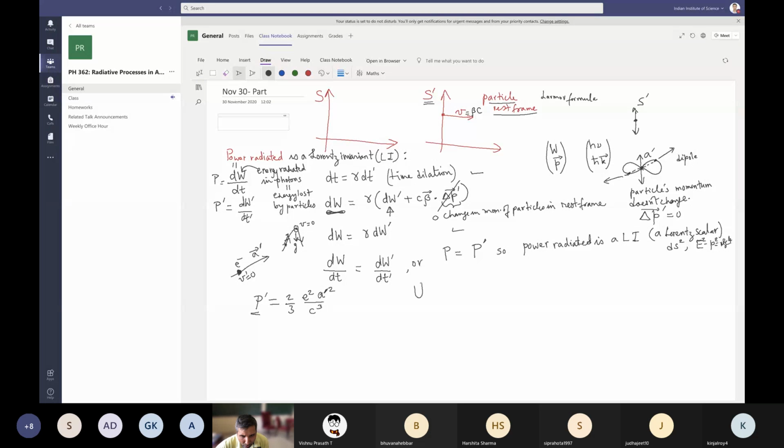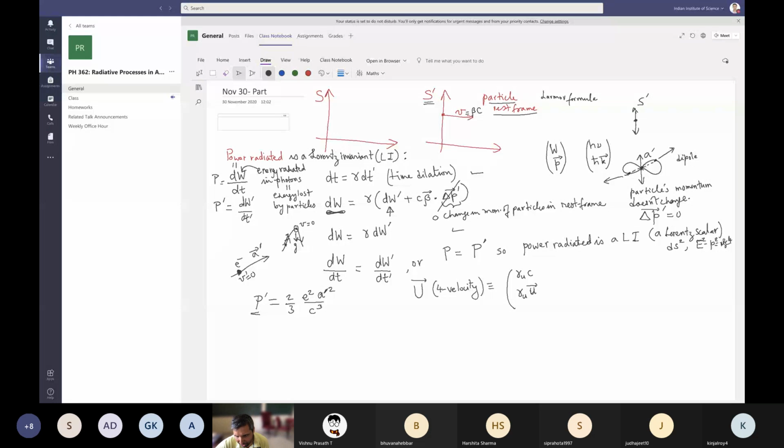So let's see. We know we have this 4-velocity. How is this 4-velocity defined? This is nothing but (gamma_u c, gamma_u u).